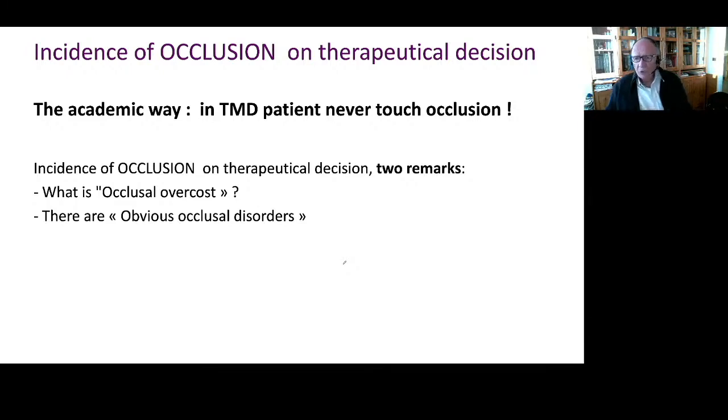But I have two remarks. First remark is I would like to underline the difference between invasive treatment and overtreatment.